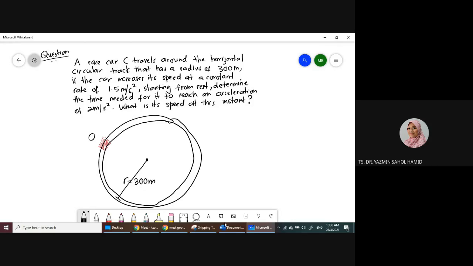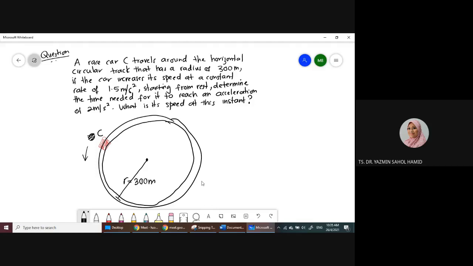The R, the radius. And the car is going that direction.